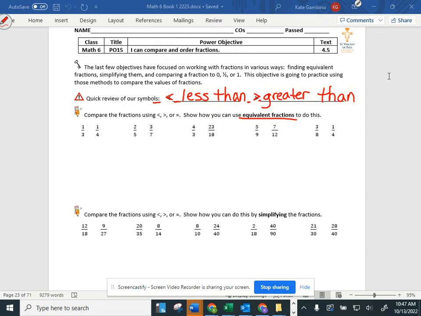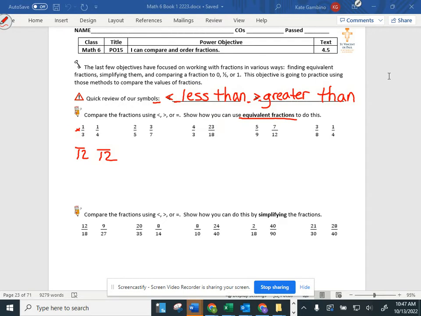Whatever we do to multiply the denominator, we have to multiply that numerator by. So if we look at 1/3 and 1/4, what is a common denominator for the 3 and the 4? Nora? 12. So I'm going to need to make both of them a 12 for a denominator. What did I multiply that 3 by to get to 12?